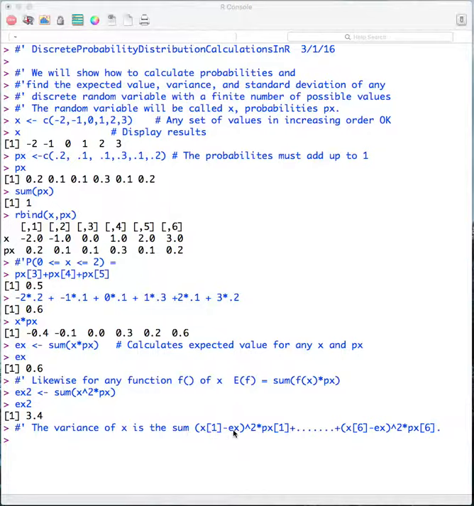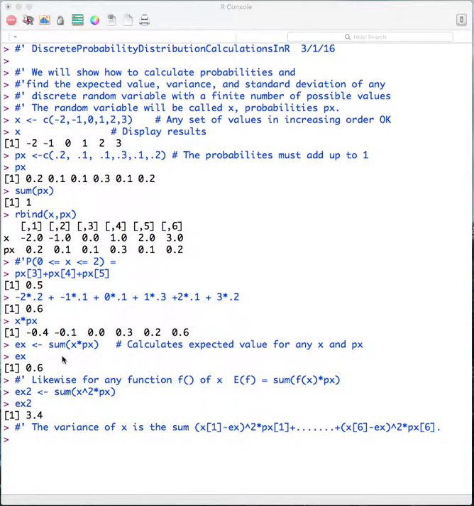First value minus the expected value, the whole thing squared, times the probability of x1, plus x2 minus the same expected value, the whole thing squared, times px2. And the last one is x6 minus Ex, squared, times px6. Remember, Ex has already been defined as a single value by the definition of expected value.